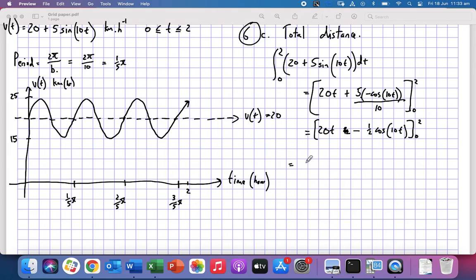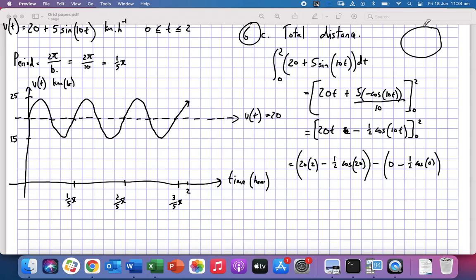So we're going to get 20 times 2 minus half of cos. Now when you put the 2 in, it'll be cos 20. Make sure you're in radians. Then you're going to do minus. You're going to put 0 in, so that's easy. 20 times 0 is 0 minus half of cos 0.